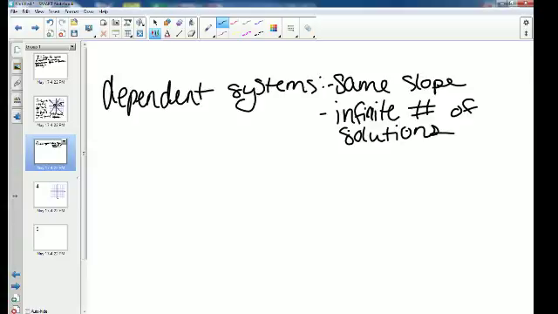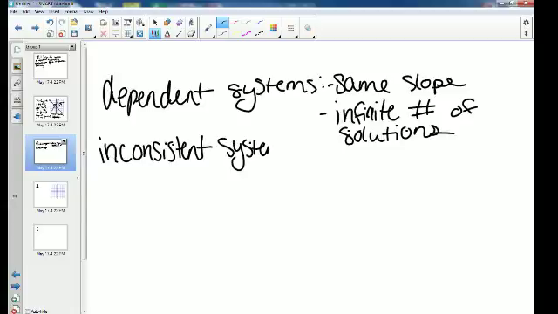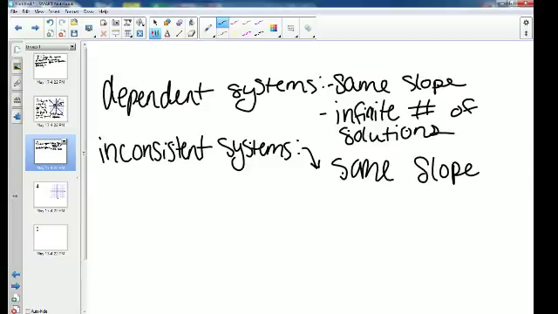Inconsistent systems have the same slope but a different y-intercept.